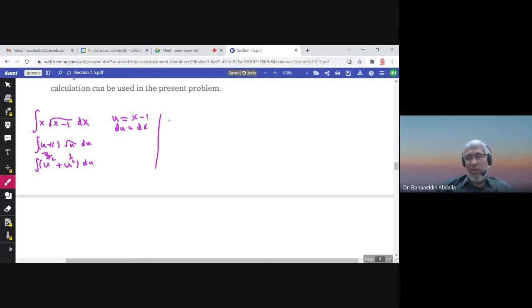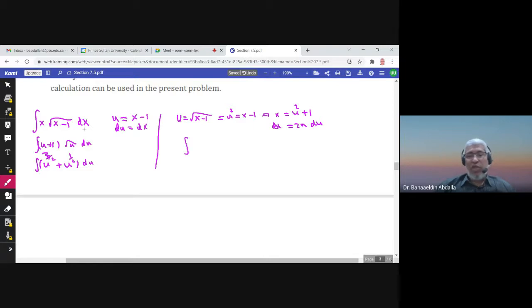Nevertheless, you can solve this problem in another way because you have a square root, so you can use rationalizing substitution. If you take u as square root of x minus 1 and find u squared, then you can find x, which would be u squared plus 1, and dx would be 2u du.